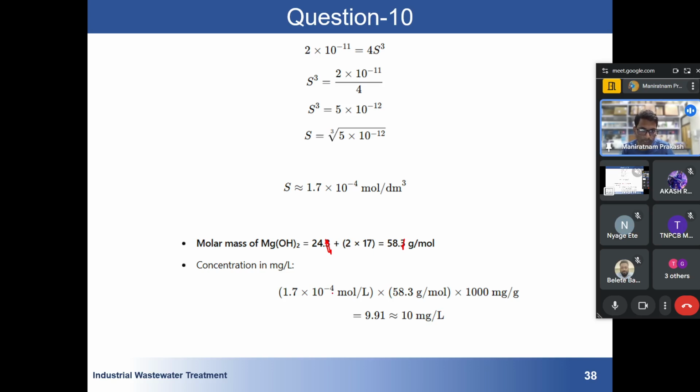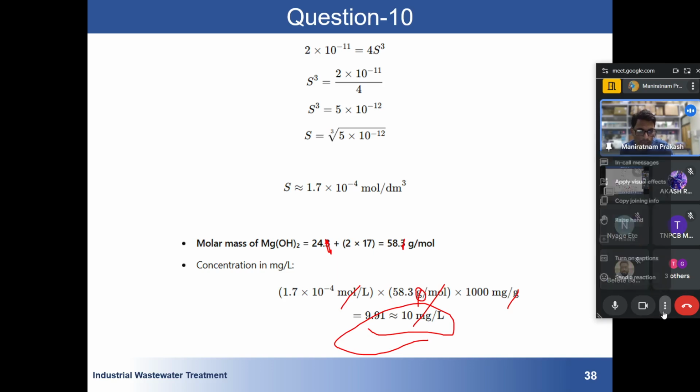So we have converted gram by multiplying it by 1000 milligram divided by gram. You can see all the units will get cut, mole will get cut, and then finally we will have a final answer of 9.91, that is equivalent to 10 gram per liter.